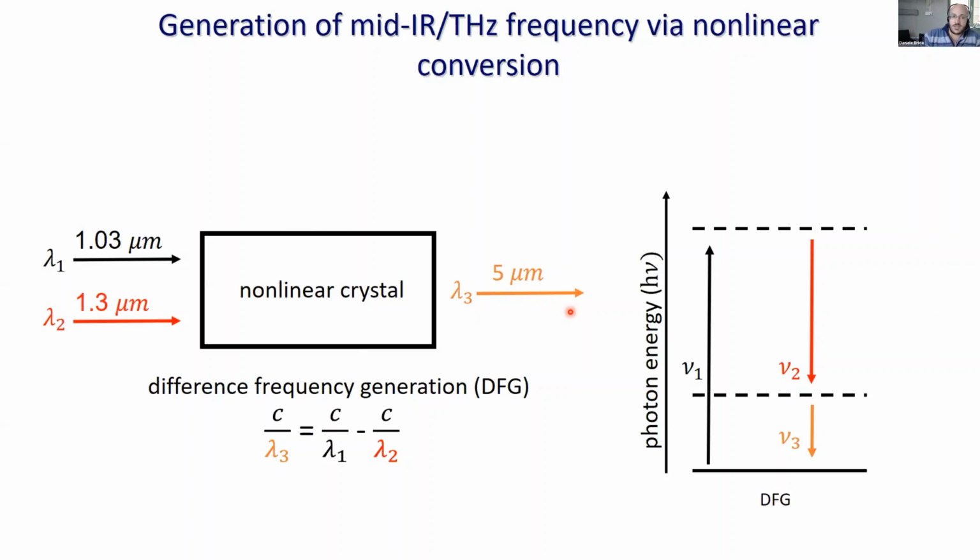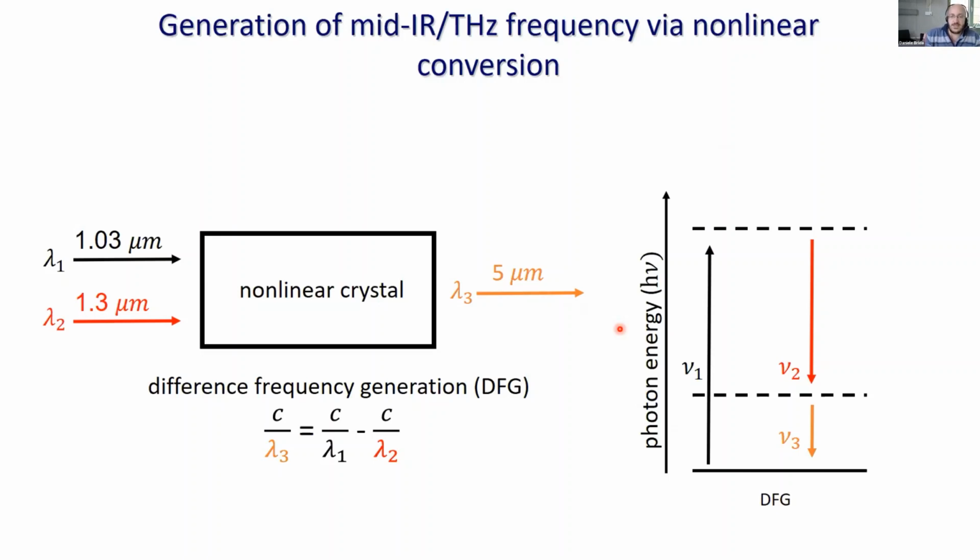Of course, this has to fulfill all the conditions that are typical for second order nonlinear processes, all nonlinear processes, so energy conservation and momentum conservation. Now, this process, depicted in virtual energy levels on the right side of the slide, is basically the same process that is employed for generation of pulses via optical parametric amplification.